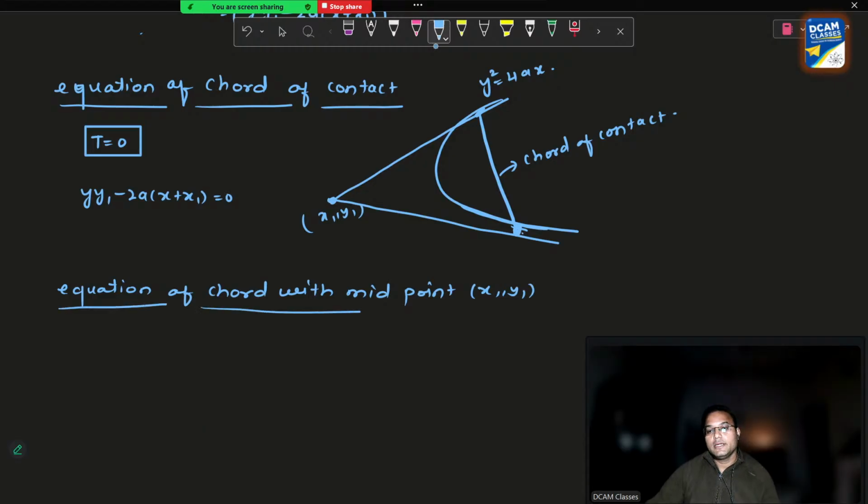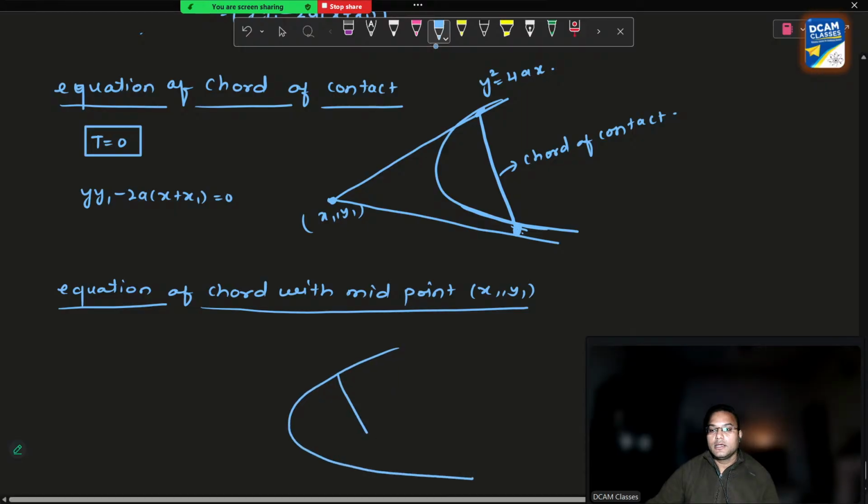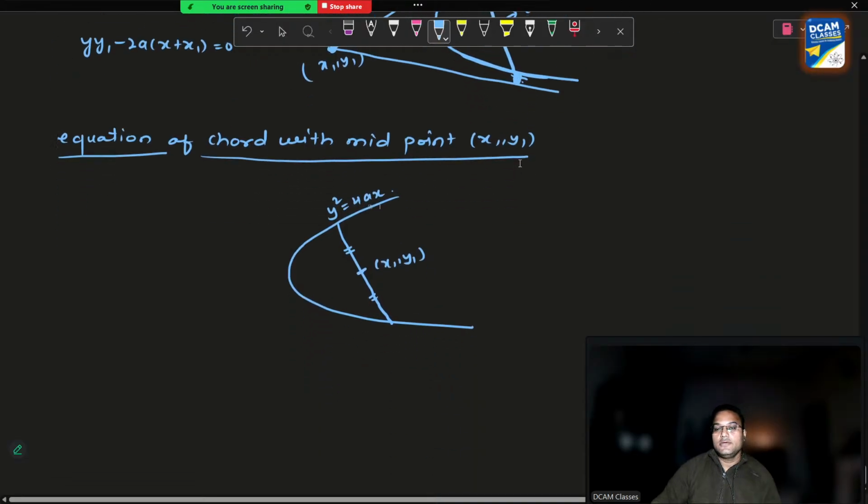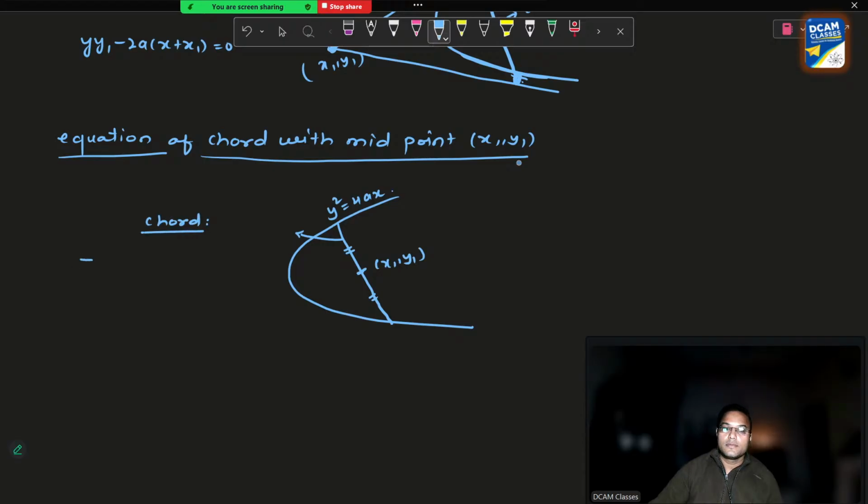What this means is, if you have a parabola of this kind, and you have any chord, the midpoint is x1 comma y1, given, meaning this length and this length are equal, and the parabola equation is y square is equal to 4ax. In that case, the equation of this chord will be T is equal to S1.